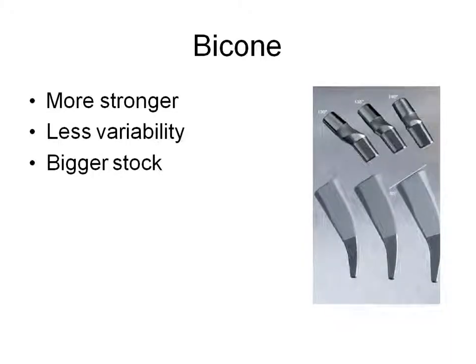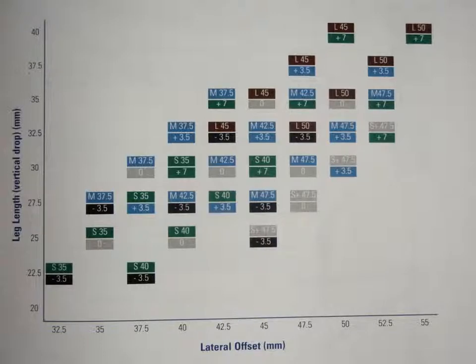Here you can see in this nice table how you can make your desired offset or lengthening of the extremity. You can combine length of the head and combine valgus position or varus position of your neck to reach desired offset or desired length.